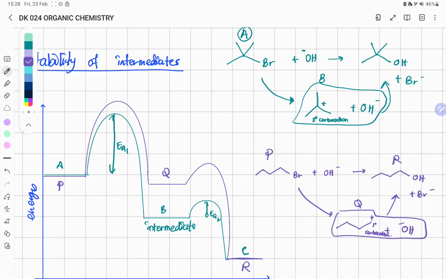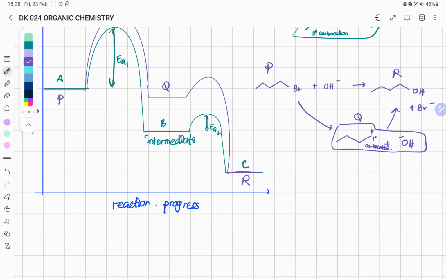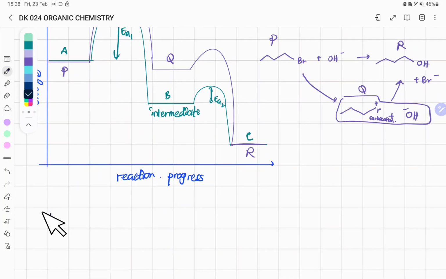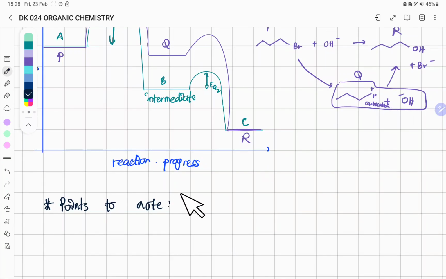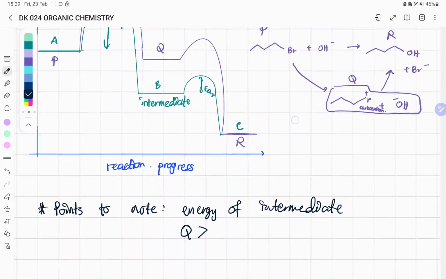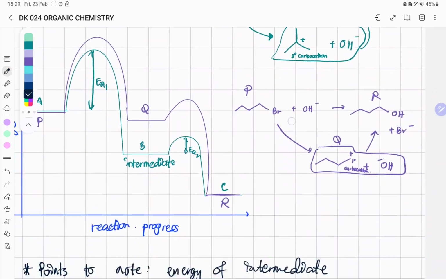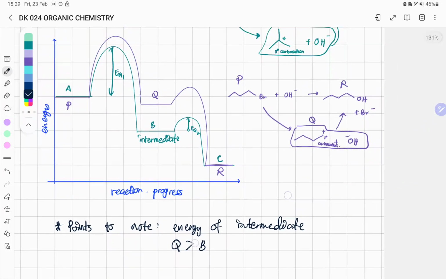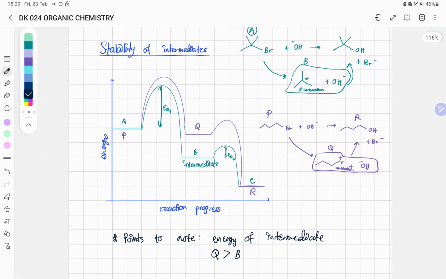Tenaga yang ini lebih tinggi. So, dekat sini point to note, Q is larger than B. Okay, so boleh salin dulu.